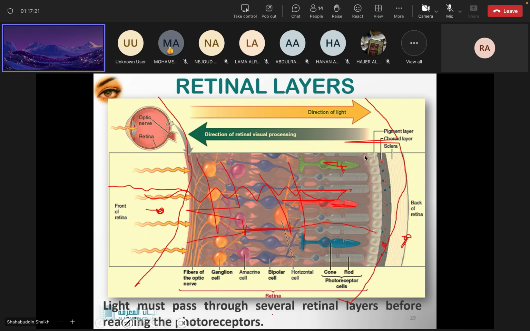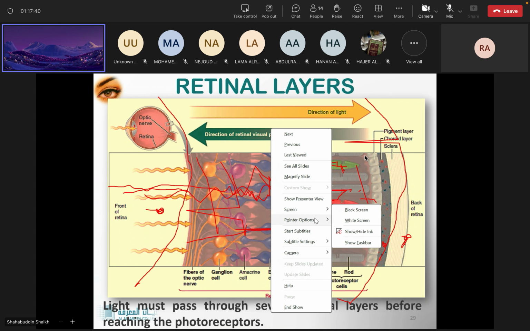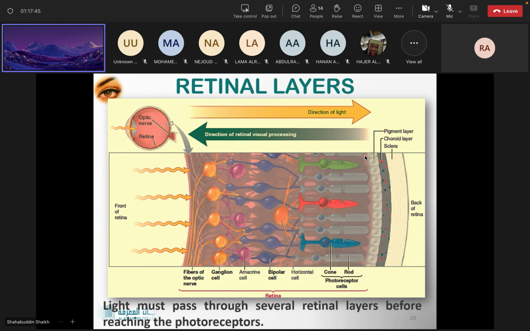Light must pass through several layers of retina before it reaches the receptors. So receptors are on the outer side and light is coming from inside like this. So it is obstructed by many solid layers of retina and then it reaches the receptor. Therefore, our eyes are not perfectly engineered. They have this flaw.